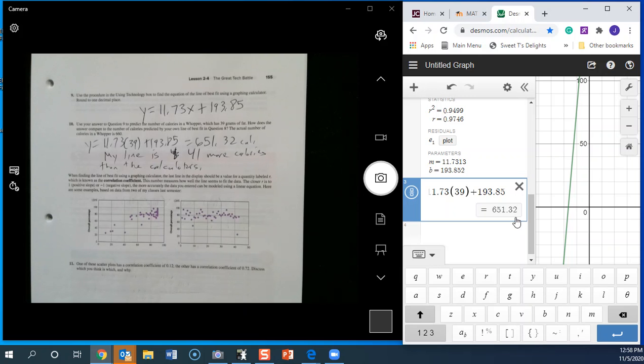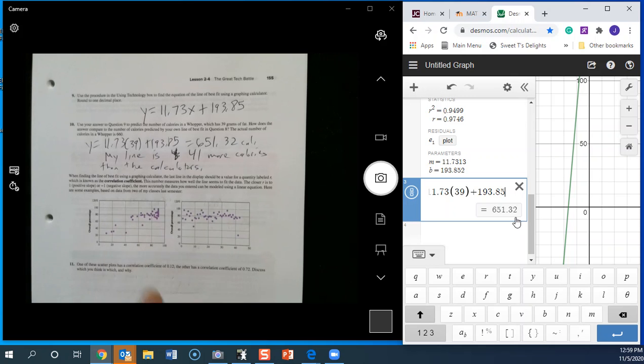Okay, basically, the higher the R value is, whether on the positive or the negative side, the closer it is to looking like a line. So when we look here, we have to ask ourselves, which one of these looks more like a line? This one does.